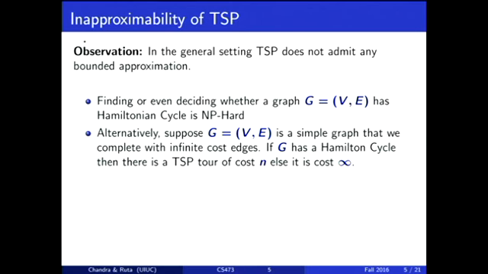Maybe if P is equal to NP, then clearly we can do it, but we don't know. So in the case of TSP in full generality, we can't even find a solution. Forget finding a good low-cost solution. Does that make sense?